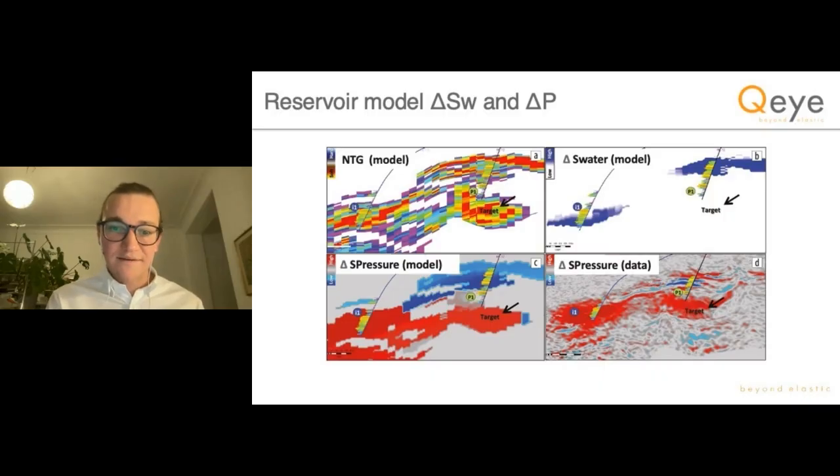And you'll notice that in the bottom left model, where we have the change in pressure from the model, we have a very strong correlation now between our change in pressure from the model versus the change in pressure that we're observing in the data, which is on the bottom right. So you can see how the client used those inversion results to update their reservoir model such that it now matches the seismic data. So kind of closing the loop.